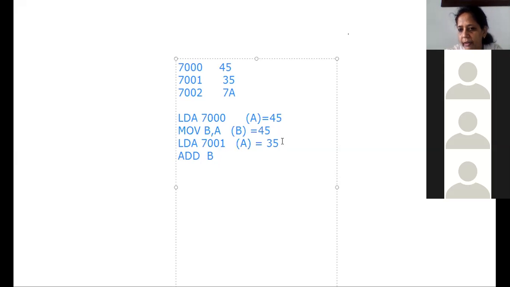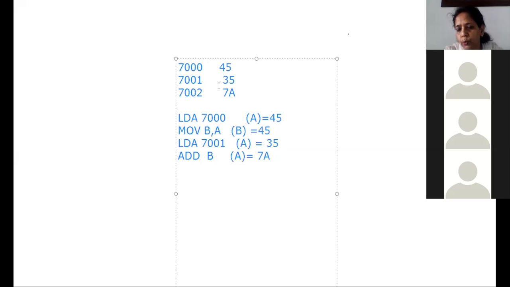The B register contents and the A register contents will be added. That's what I wanted: the contents of this address and the contents of this address added. So the answer will be in the A register. What will be the answer? 7A, correct.